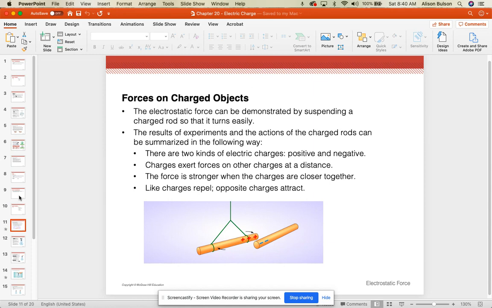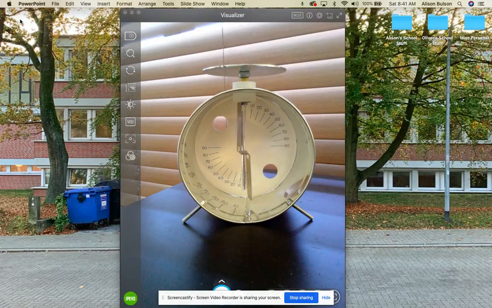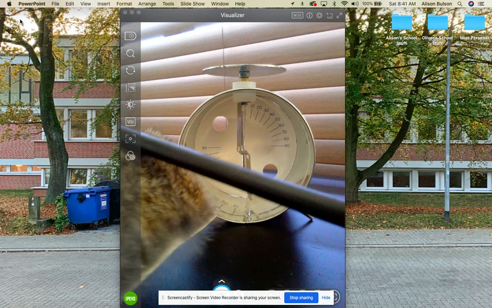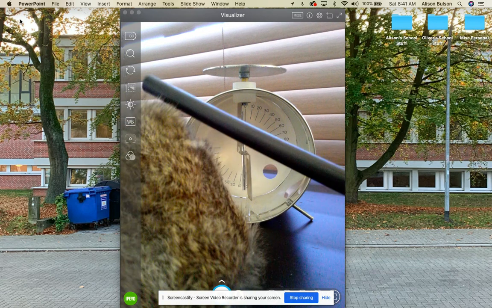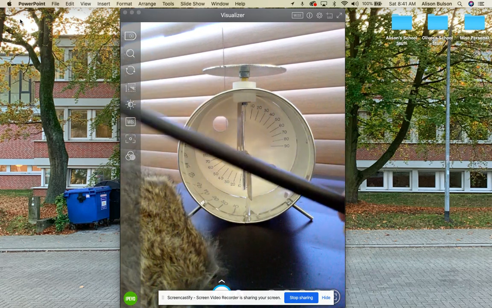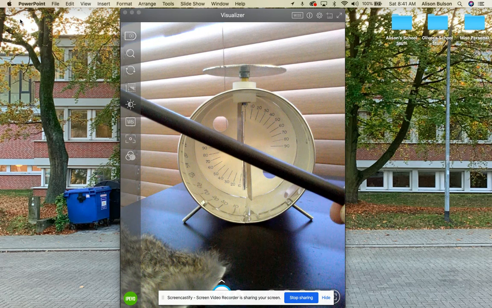So we're talking about a charged rod, for example, and let me see if I can show you my camera. This is what we will come to know as an electroscope, but I can charge two objects. There's a little delay in my video camera recorder, but here I have, I'm sorry, it's very close up, a stick of PVC, the black plastic stick, and a piece of, unfortunately, rabbit fur.